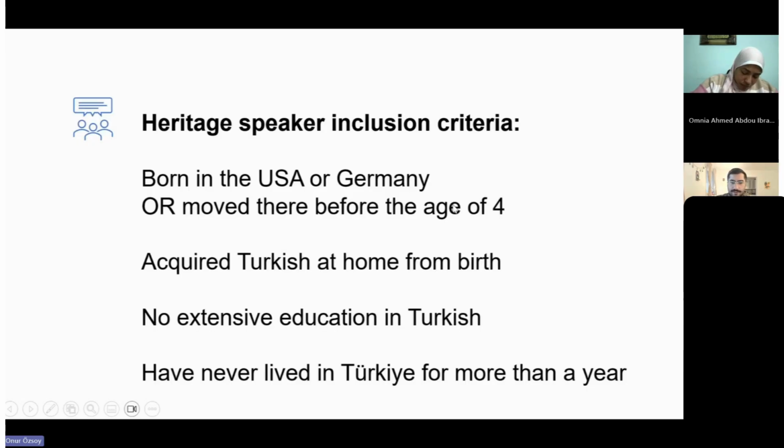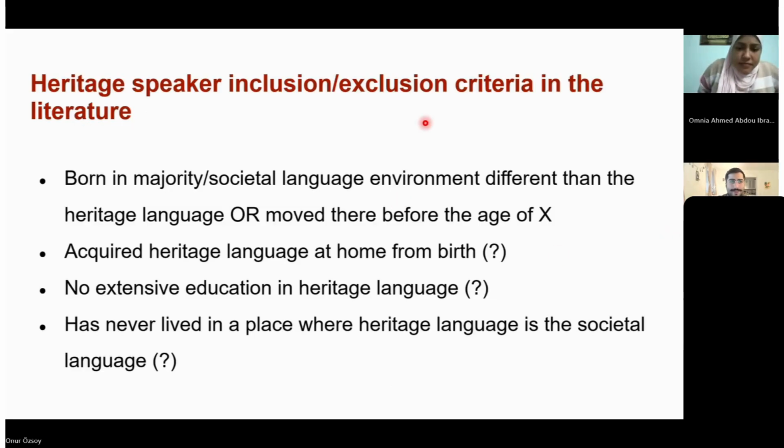There's a lot of historical background to it, and I have a fun exercise, but let's just jump to the theoretical criteria around heritage speakers a bit more. We have more general criteria here: that you're born in a society where the societal language is different from your heritage language, or you've moved there at a certain age.